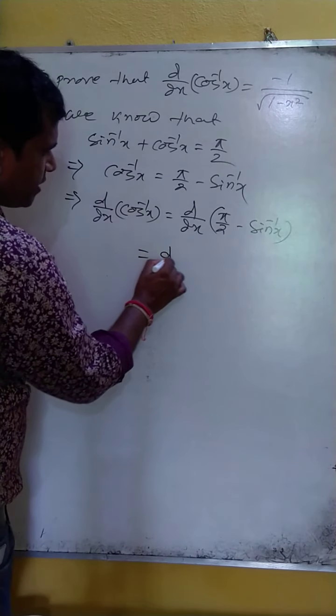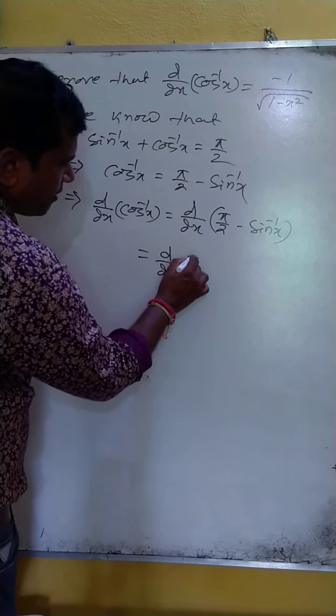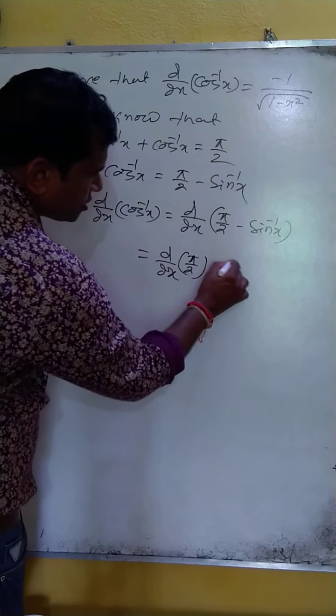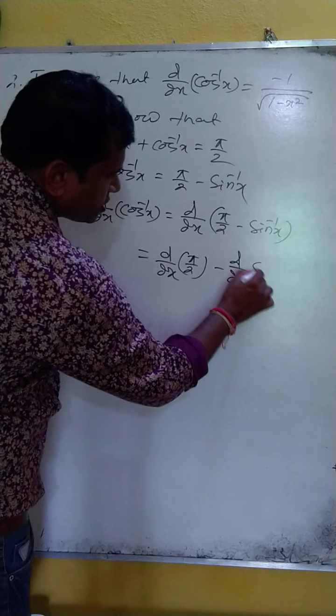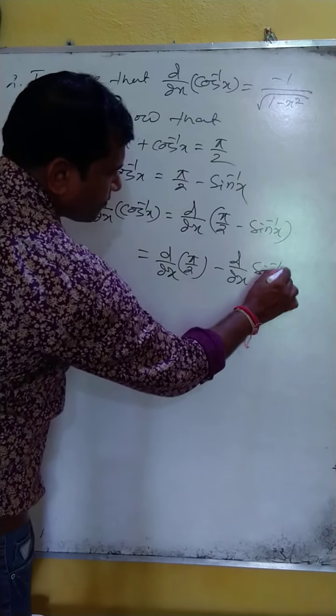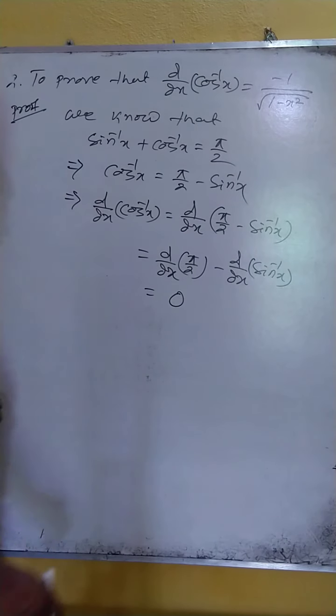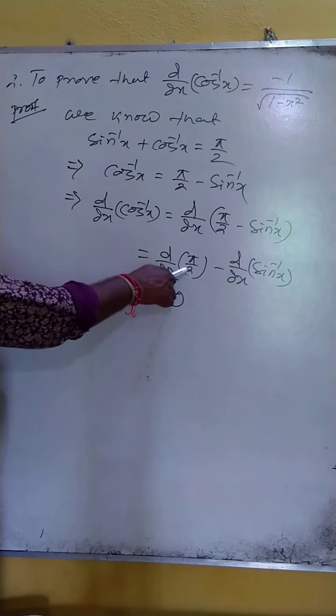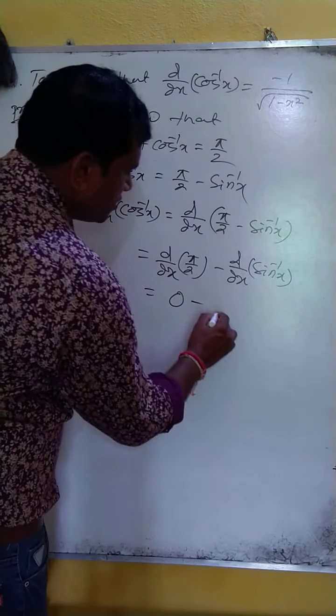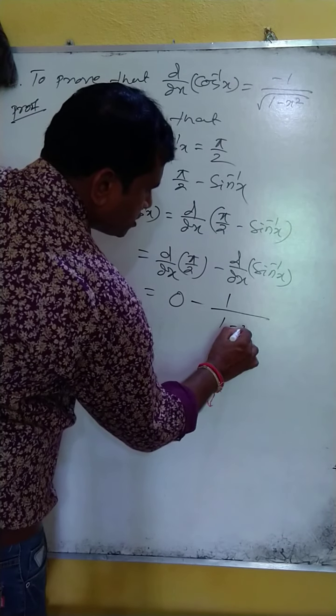That equal to d by dx of pi by 2 minus d by dx of sin inverse x, that equal to 0, since pi by 2 is a constant, the derivative of pi by 2 is equal to 0, minus 1 by root over 1 minus x square.